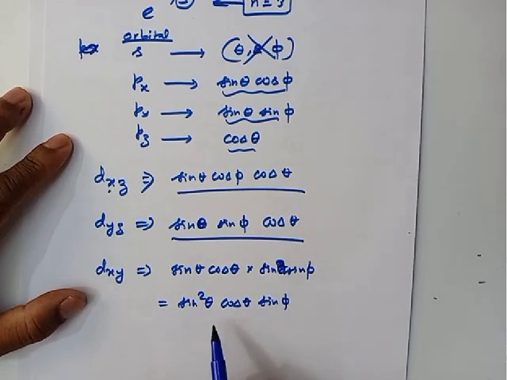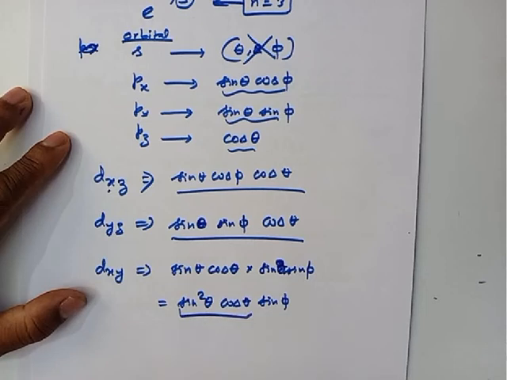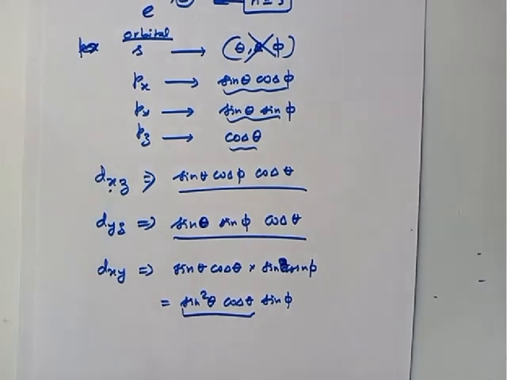You can simplify this further, so the wave function gets modified into a different form. I am not going to do the proper mathematics here, I'll give you the options directly.